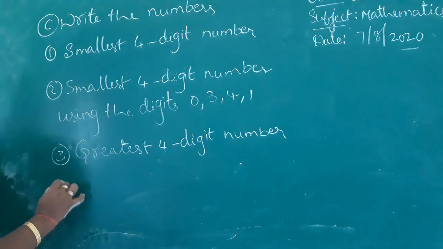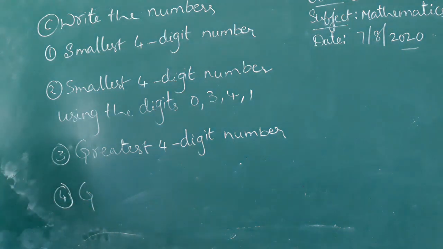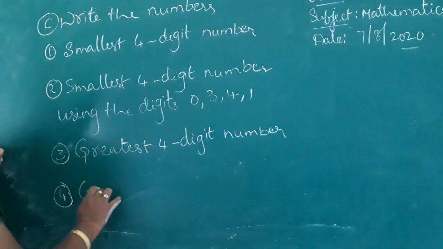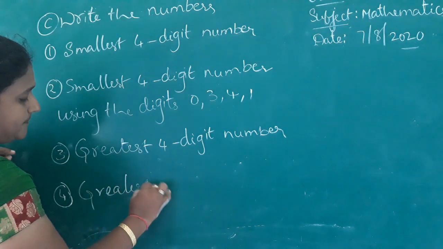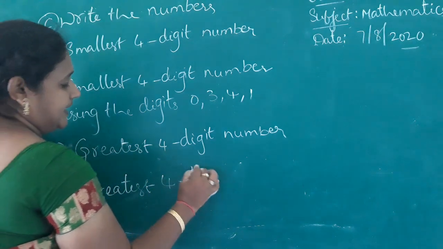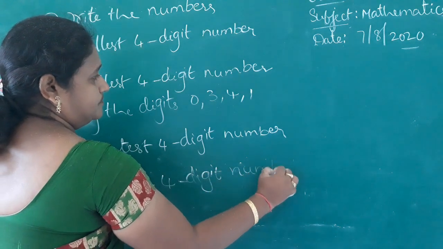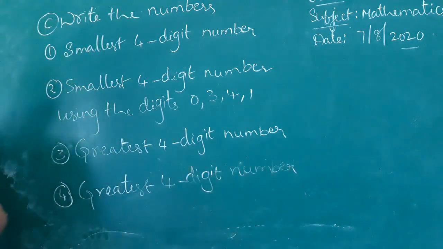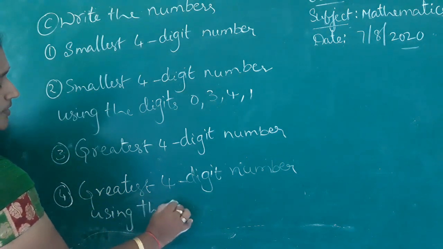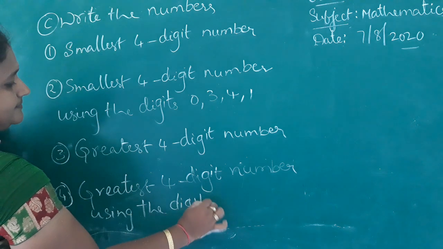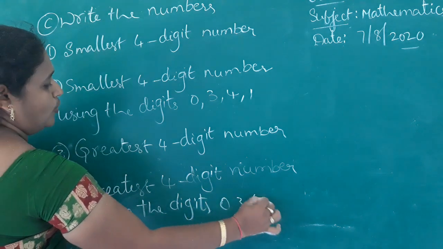Fourth one. Greatest 4-digit number using the digits 0, 3, 4, 1.